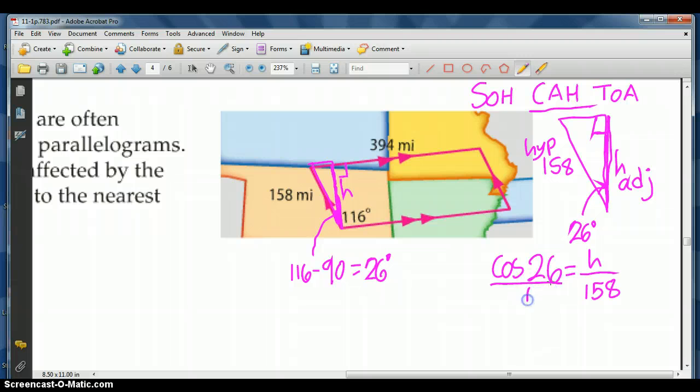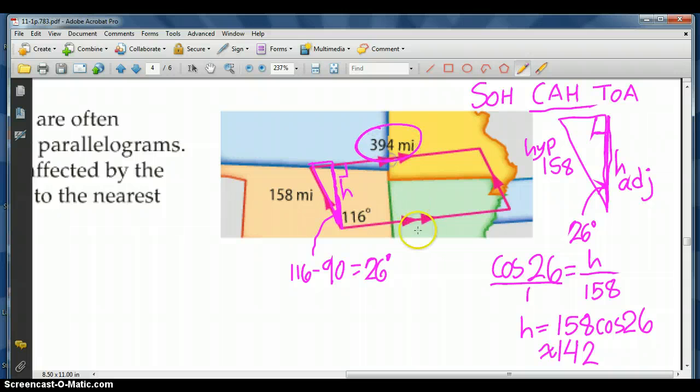Put this over 1 and cross multiply. 1 times h is h. And we have 158 times the cosine of 26. Using a calculator, we get approximately 142. So our height is 142.